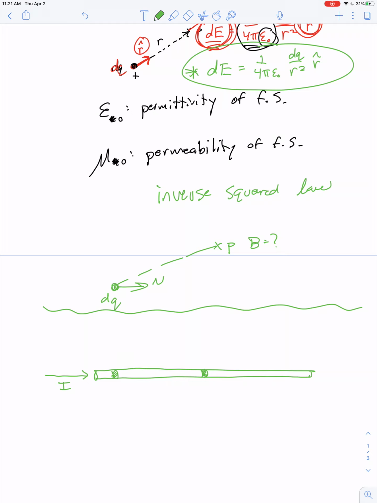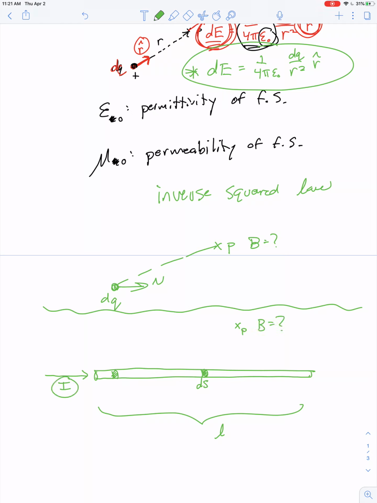Current isn't lost as it flows through a wire. So if the whole wire has a length of L, I'll say that this little segment right here just has a length of ds. And maybe I want to know what's the magnetic field at this point P, right?